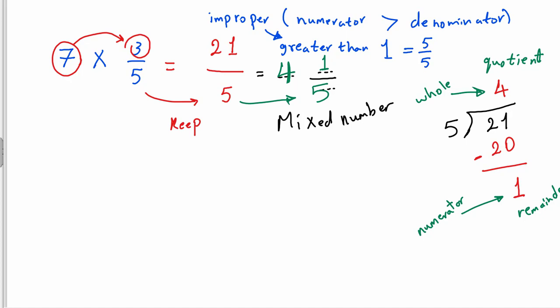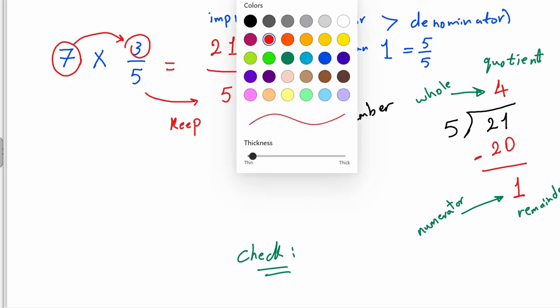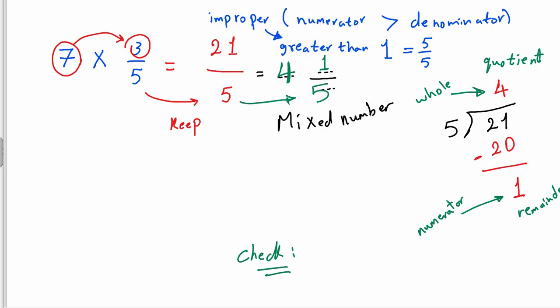And my heroes, I want to give you a note here for the division to make sure that your division is correct. Check it. How to check the division? You should make sure that the remainder is less than the divisor.